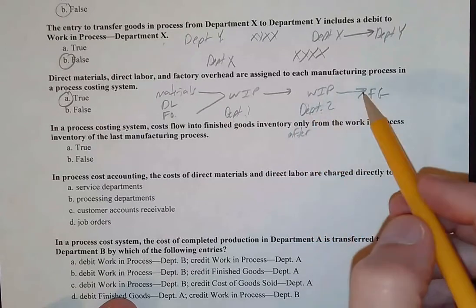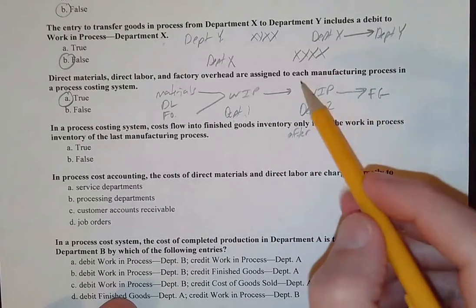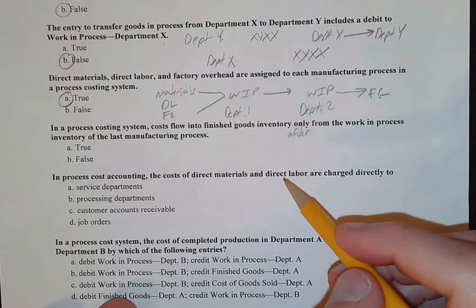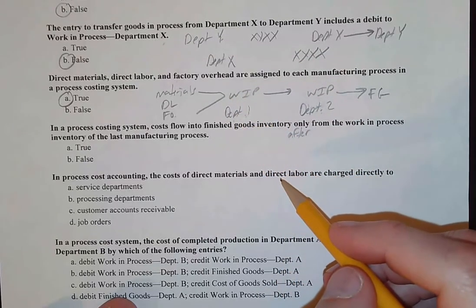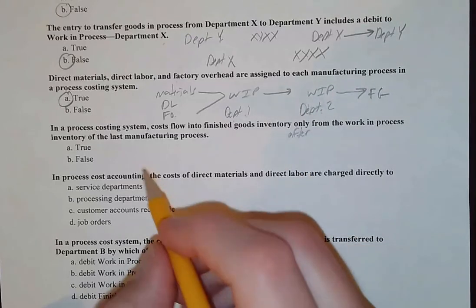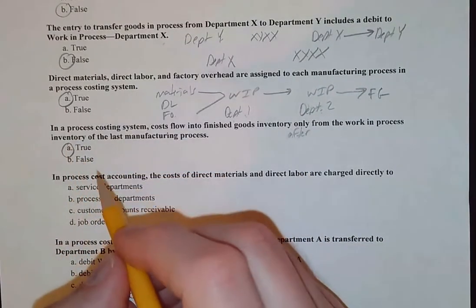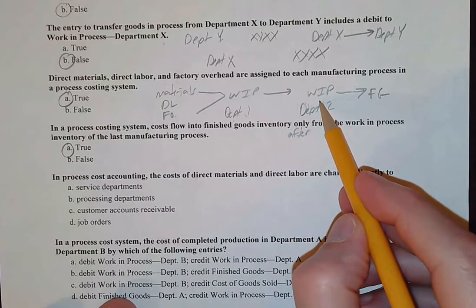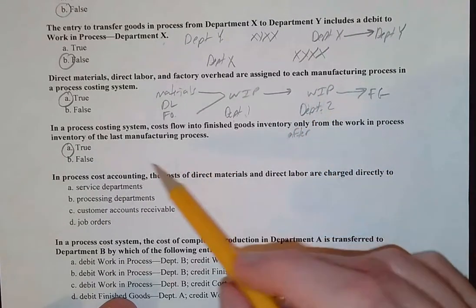And when we're done and we move this into finished goods, we're capturing the cost for both of these departments. So this is actually going to be a true statement. Kind of explained it with this example in the previous question, but nonetheless, true statement.